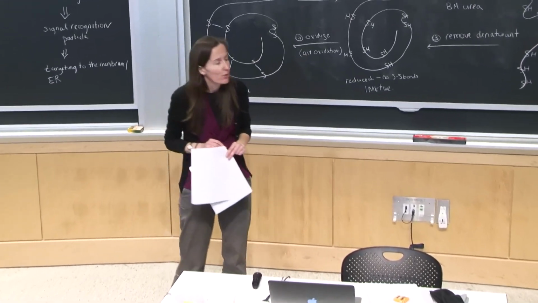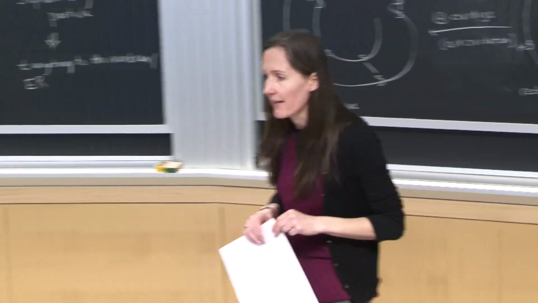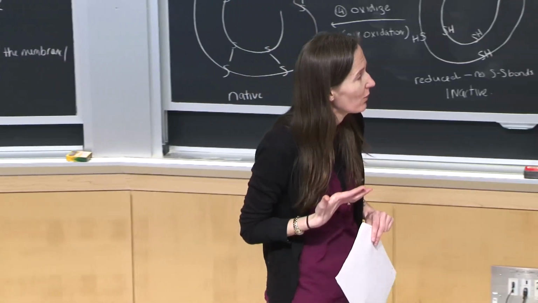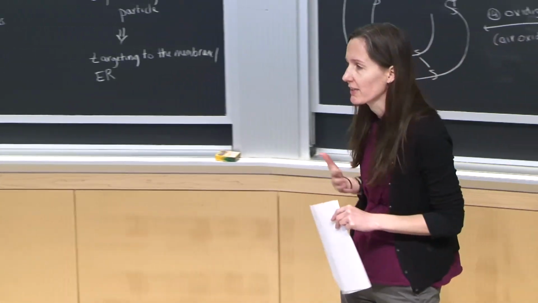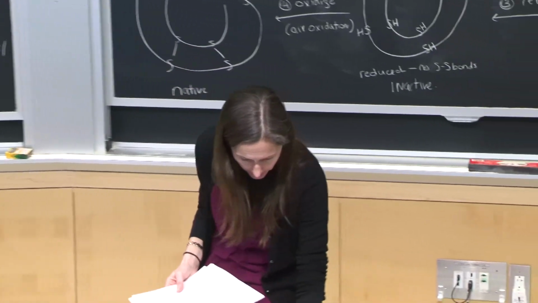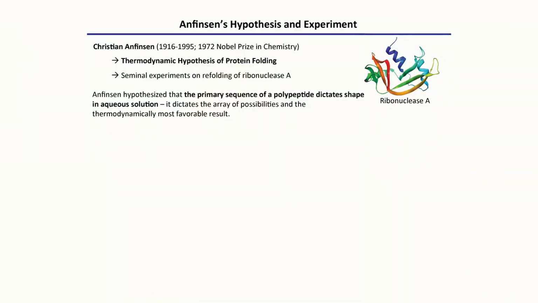right? So this was support of this hypothesis that it's the primary sequence of a polypeptide that can dictate shape. And if these polypeptides are allowed to fold under dilute conditions where intermolecular interactions aren't a problem, they can achieve the thermodynamically most favorable result here. And he did plenty of additional experiments too, in terms of putting additives in and asking how these perturb the results here.